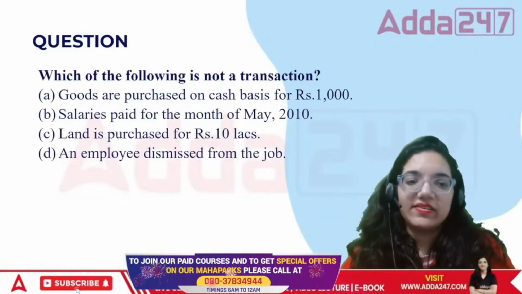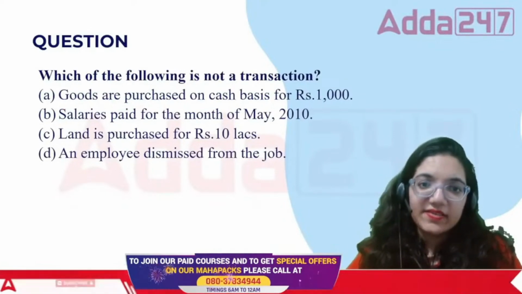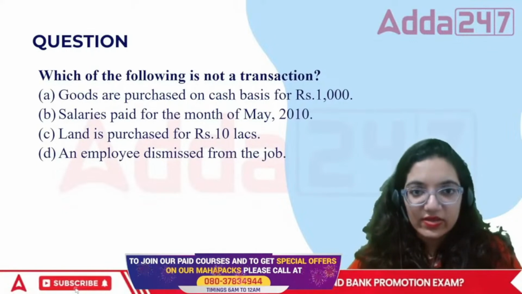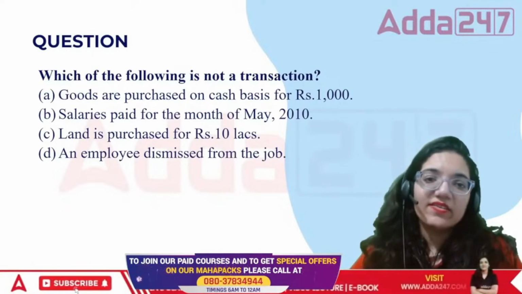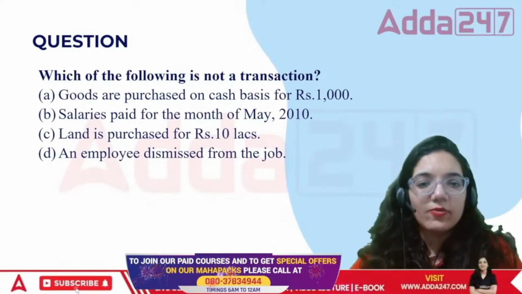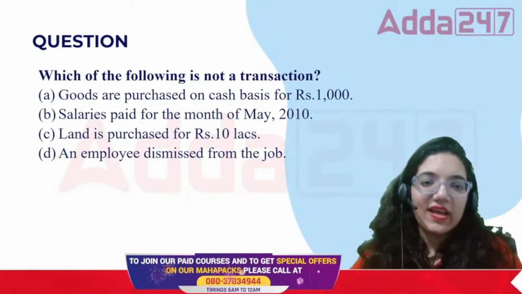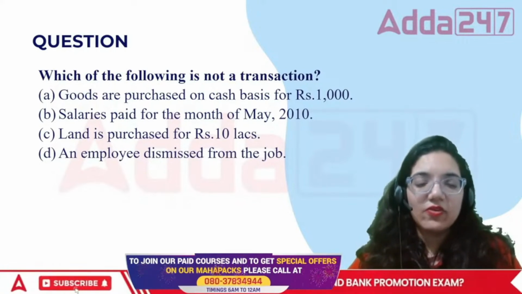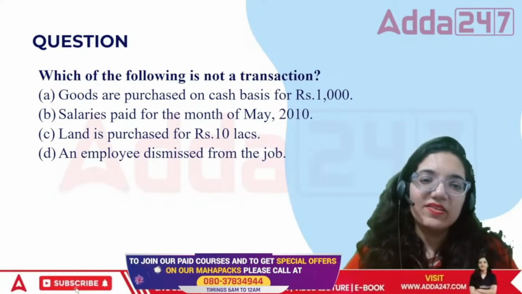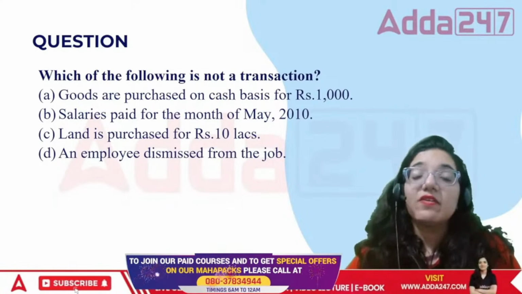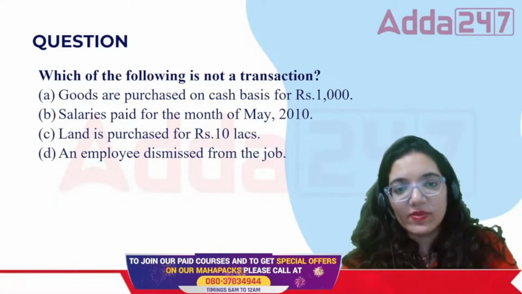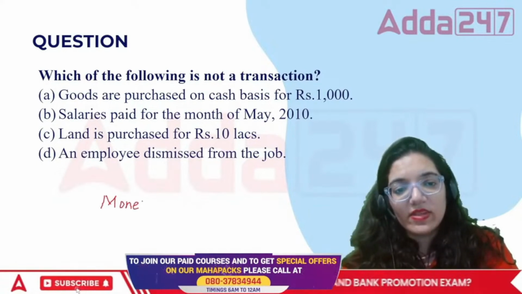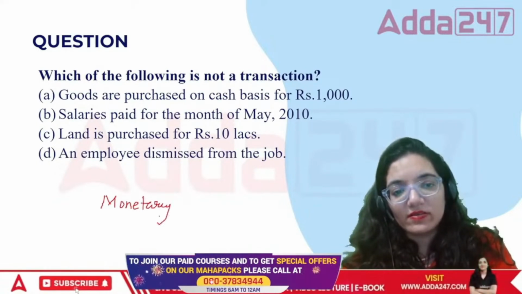Here comes the next question. It says, which of the following is not a transaction? Goods purchased on cash basis for rupees 1000, salary paid for the month of May 2010, land purchased for 10 lakh, or an employee dismissed from the job. When we talk about transaction, it has to be a monetary one. There should be money involved in it.